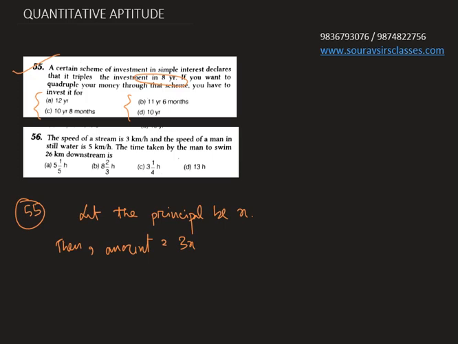Therefore, simple interest is equal to amount minus principal, which is equal to 3x minus x, which results in 2x.